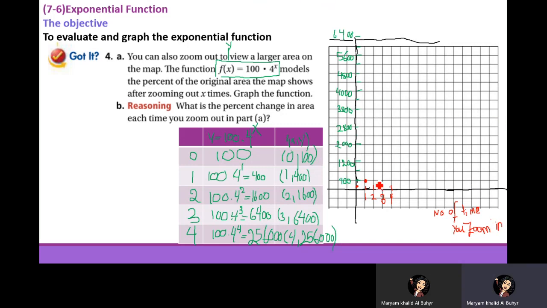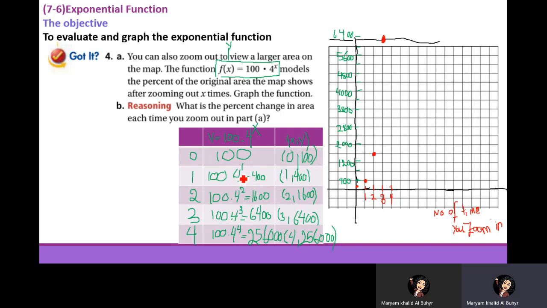So we have 2. It will be 1,600, which will be here. Then we have a 3 and the last one here. I cannot do the 5 with you, there is no space, but exactly the same idea. So that is enough for this table.